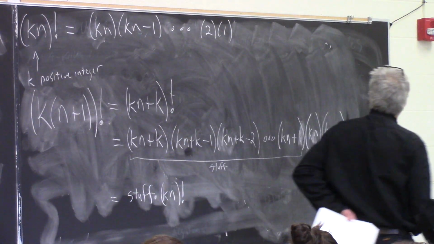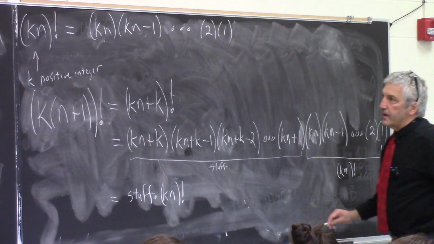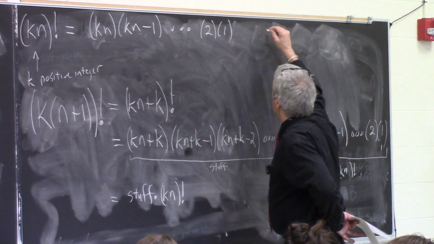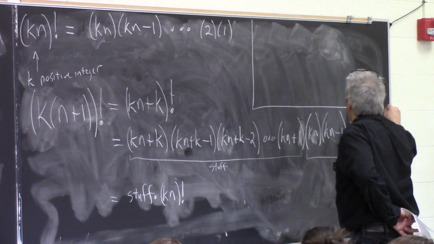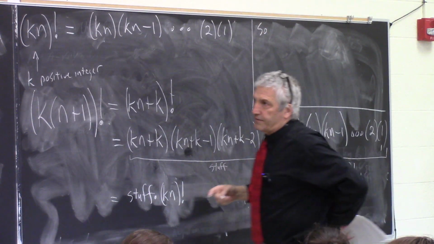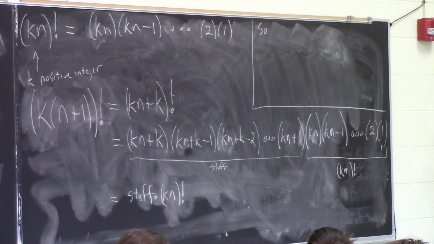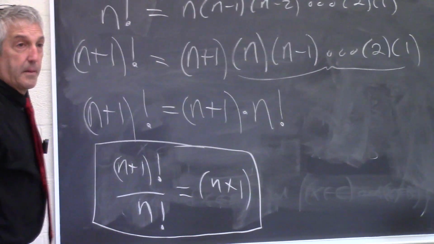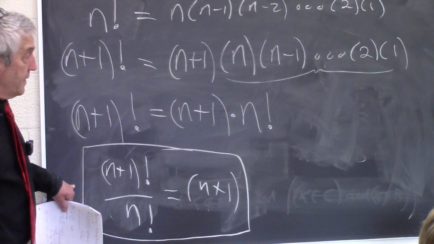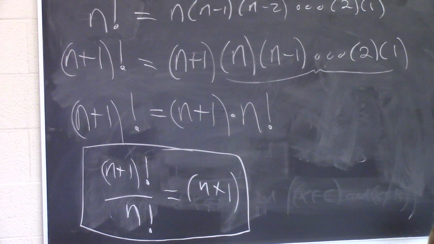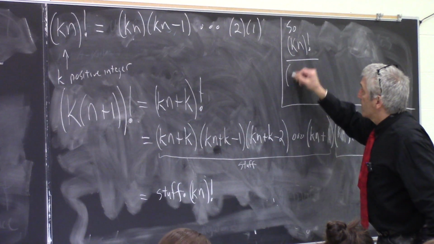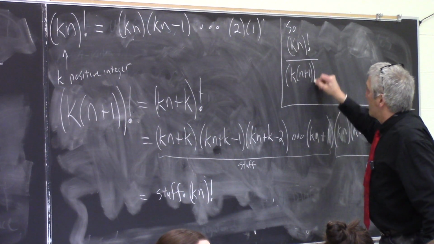Well, where am I going with this? That means that suppose I have this and I divide by this. I developed this because this is going to turn up in one of our examples today. What's going to turn up in our examples also today is going to be this ratio, kn factorial divided by k times n plus 1 factorial.